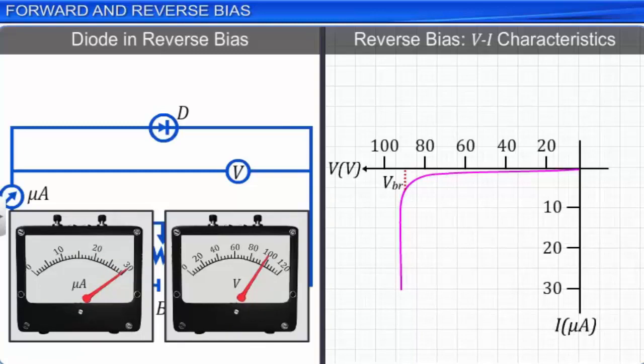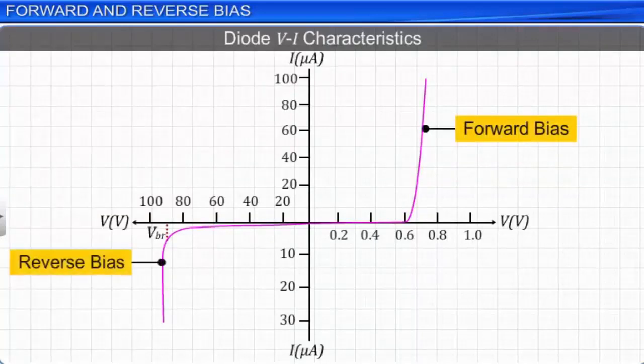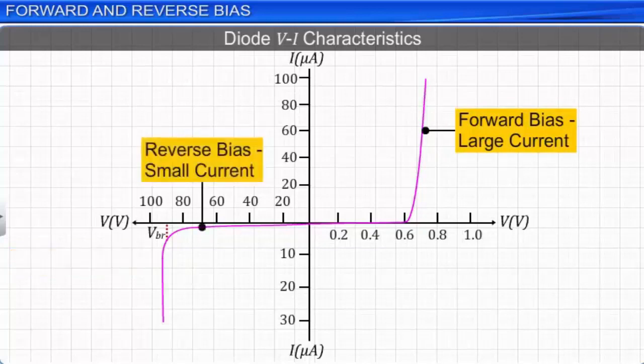The VI characteristics of a diode in forward bias and reverse bias are shown on the same graph for a comparison between them. We observe that a diode allows a large amount of current to flow when forward biased. In reverse bias, a diode allows a very small amount of current to flow, unless it is operated in the breakdown region.